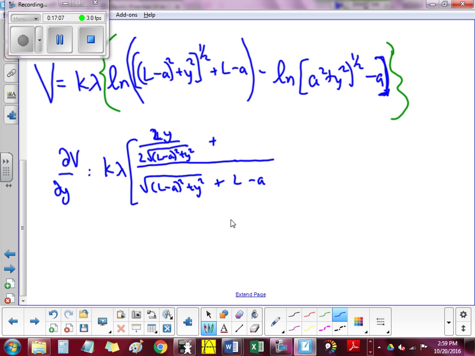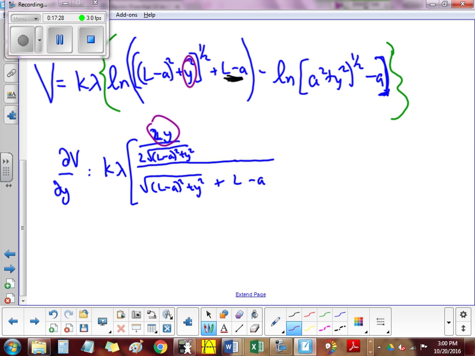Now L minus a, if we're going d/dy, is going to be treated as a single value, so you're not going to even worry about it. The only thing that got treated as a variable is this little y squared right here. That's how I got the 2y on top.